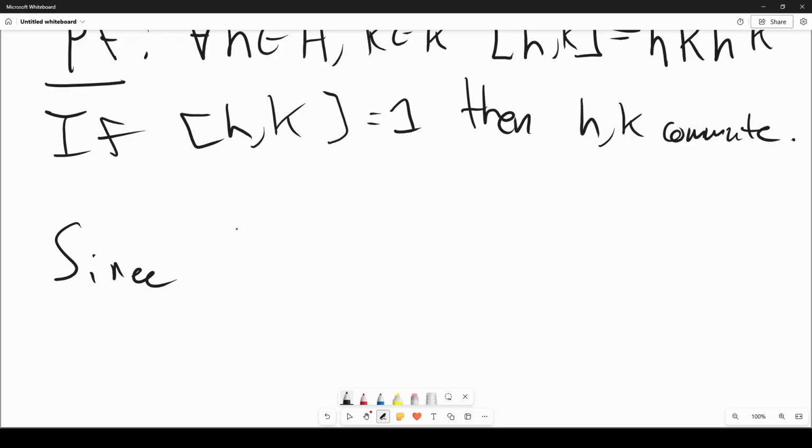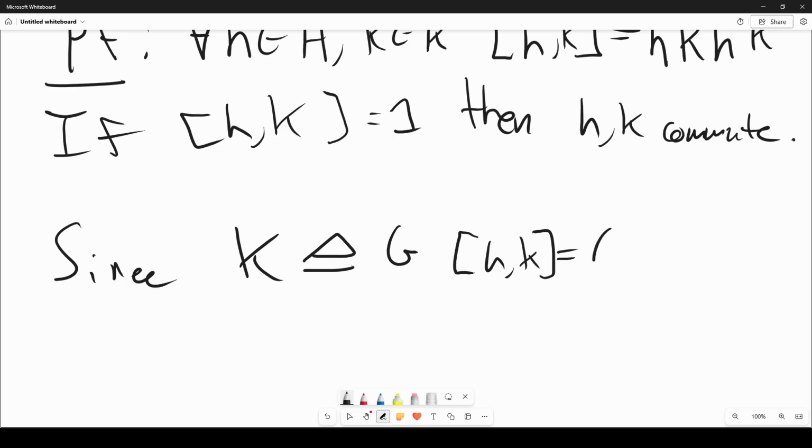Since K is normal in G, I get that [h, k], which equals (h k h inverse) times k inverse, where h k h inverse has to be in K by definition since K is normal.